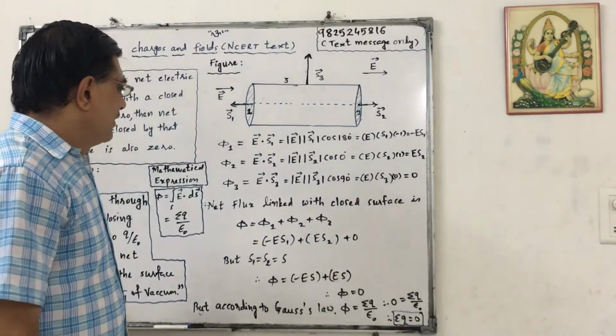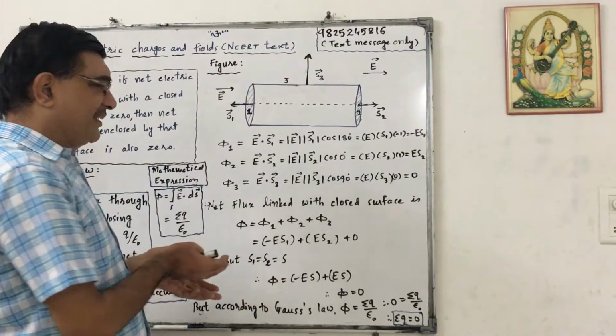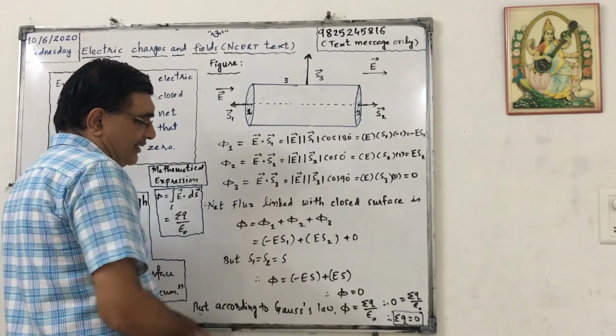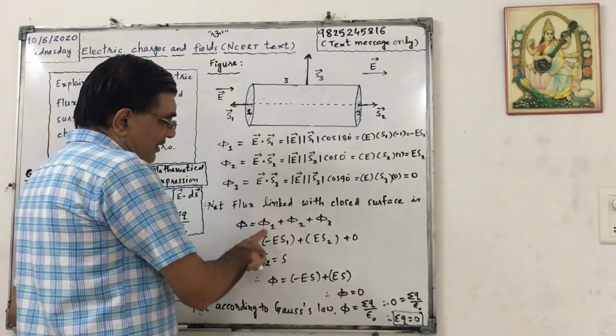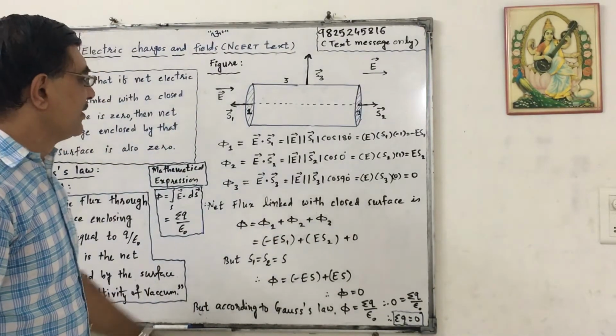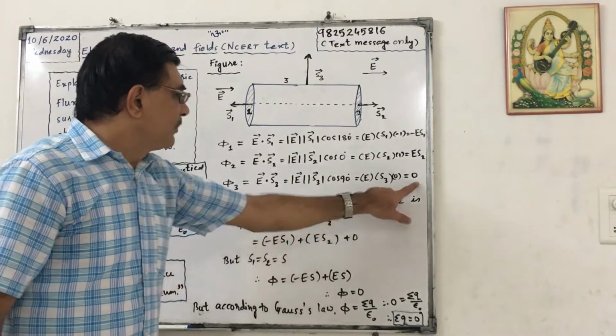So the net flux linked with the enclosed surface will be phi equals phi 1 plus phi 2 plus phi 3, that is minus E S1 plus E S2 plus 0.